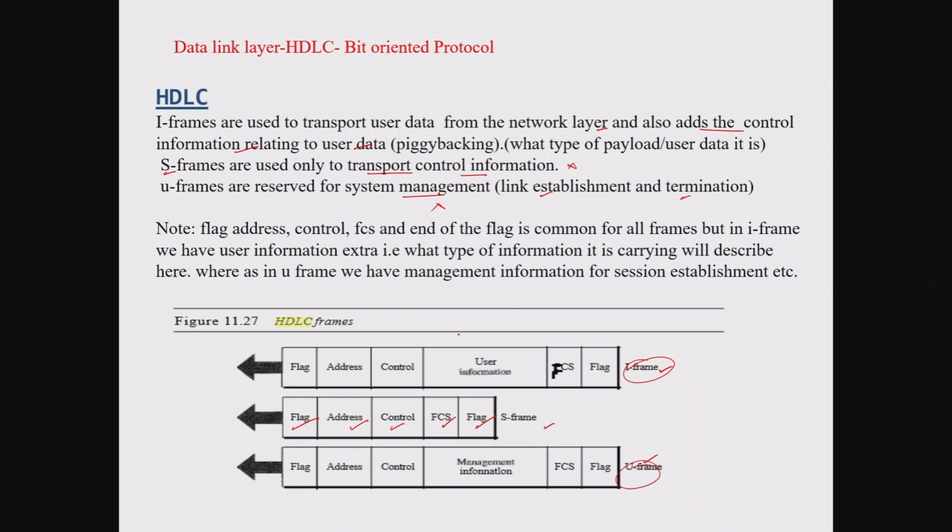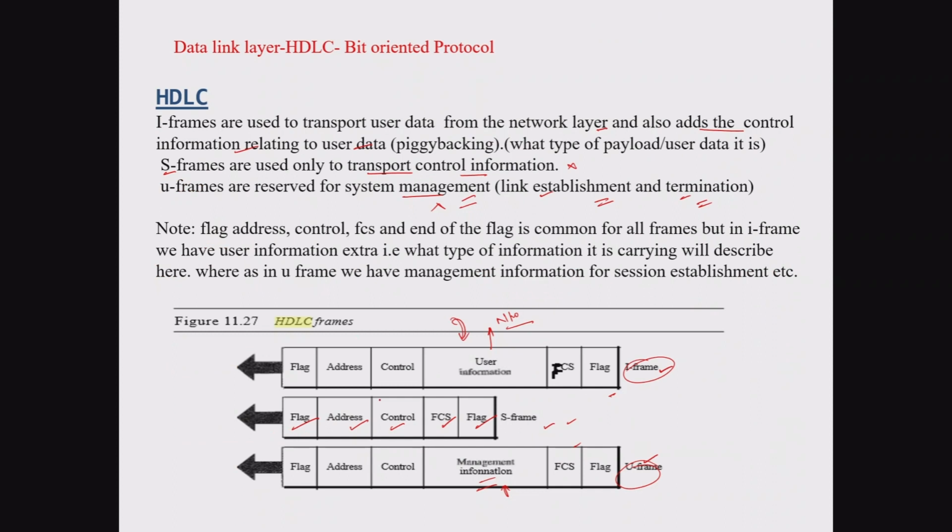But where is the difference? In the I frame you have the extra user information coming from the network layer. In the U frame we have the extra system management, nothing but the link establishment as well as the termination. These three things you need to mention from the exam point of view.